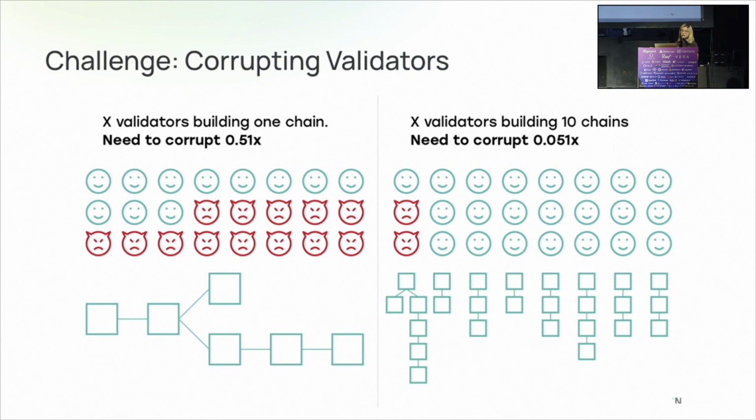And the reason for that is this shard assignment information is actually public, and it's released at the beginning of every epoch, right? So during every epoch, an adaptive attacker could actually take this information and deliberately choose a shard to bribe and corrupt. And the more shards there are in this blockchain, the less resource it needs for this adaptive attack to happen.